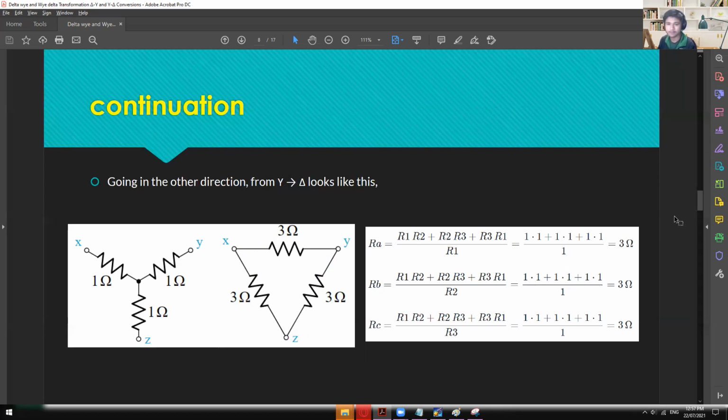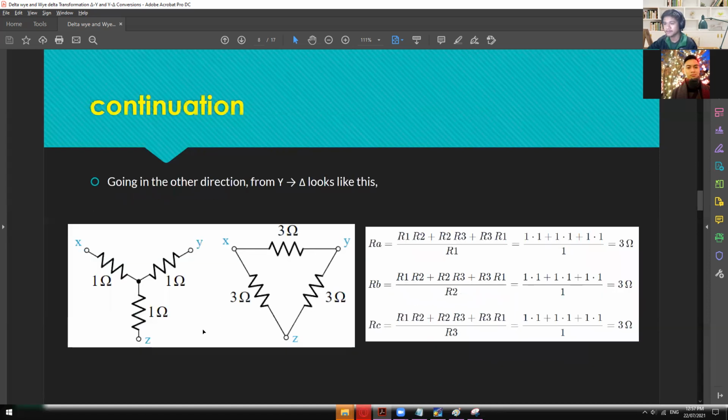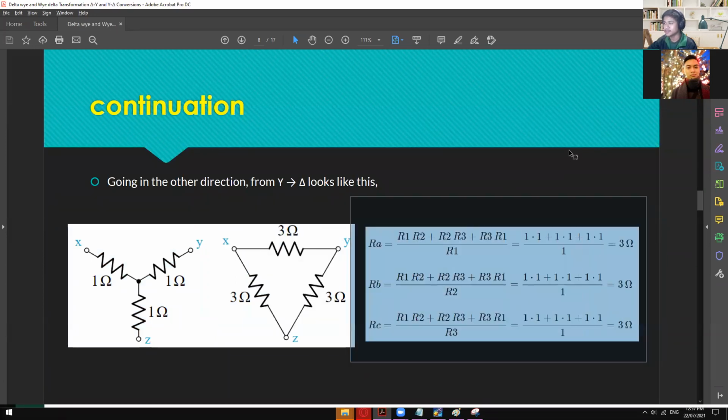Gets naman agad. Okay. Gets po, sir. All right. So again, the main goal is just to prove that this one is the same if it will be transformed again to its original formation, which is the delta. All right, and then here are the computations.